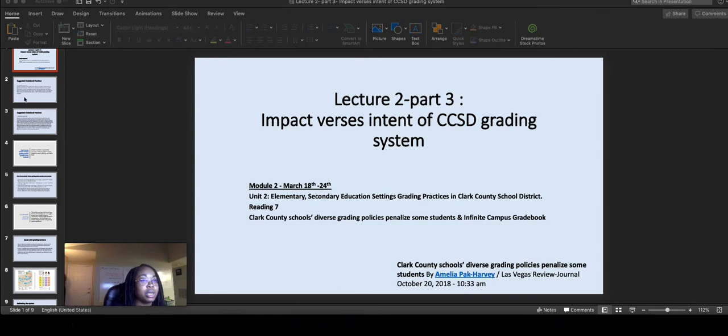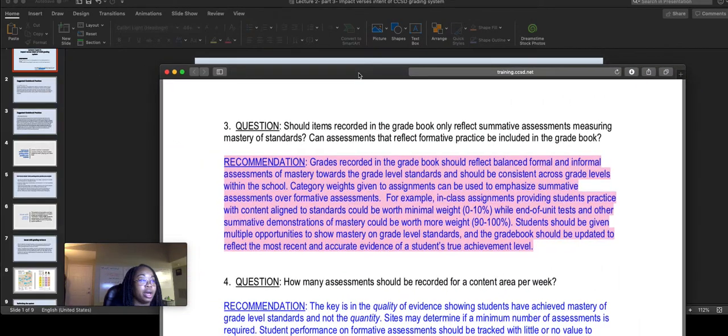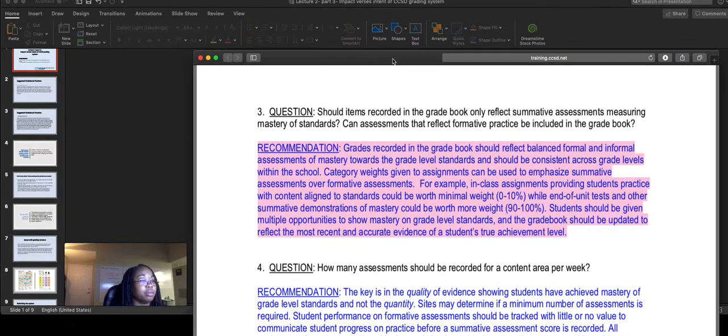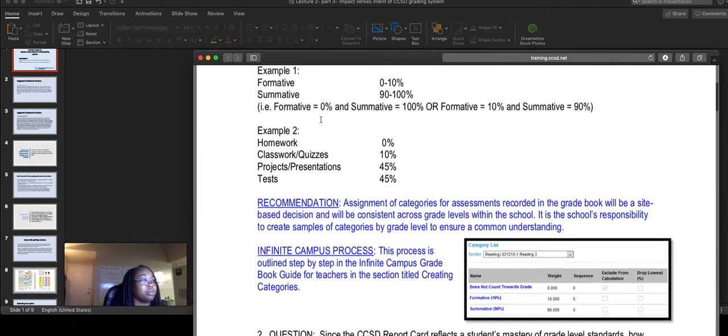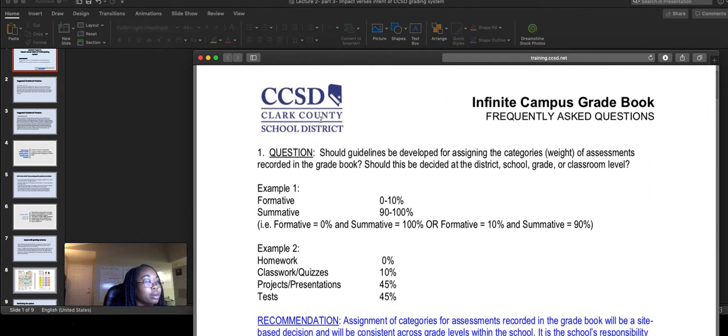And the reason why this came to be, it's kind of funny. I was looking for actual information on just grading and practices, and what I ended up finding was that the training manual answered questions about the expectations of grading policies and procedures.